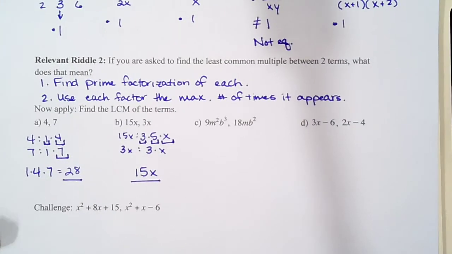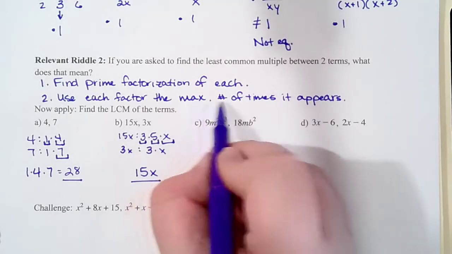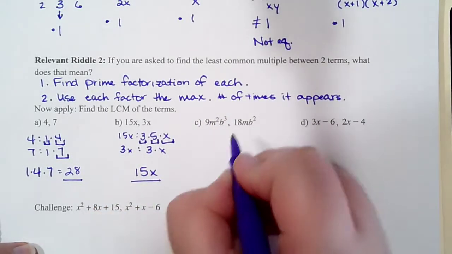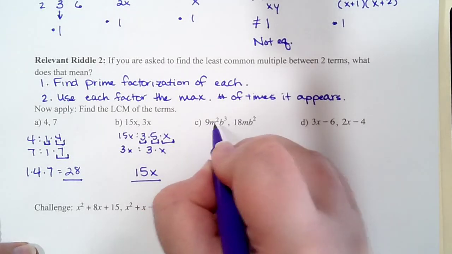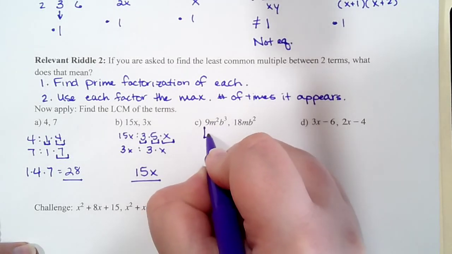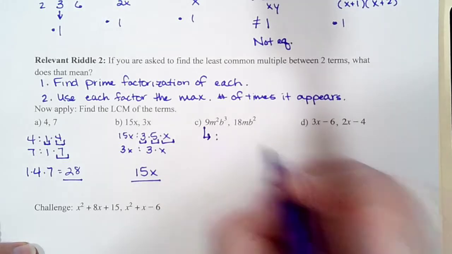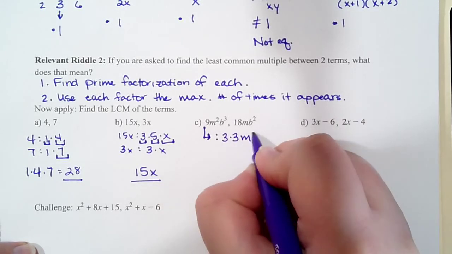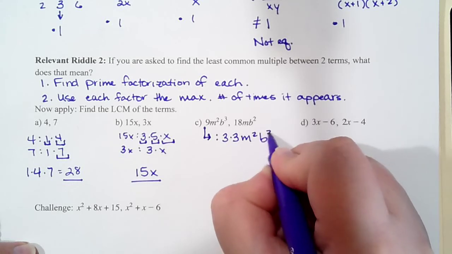The next one is going to be an example where you could take it a max number of times. These ones are easy because they just have one of each. This is a little different. So first term, I'm going to bring that down. My prime factorization is 3 times m squared times b cubed.